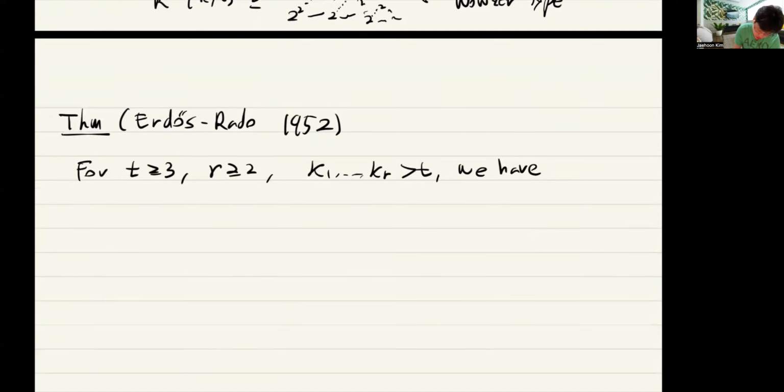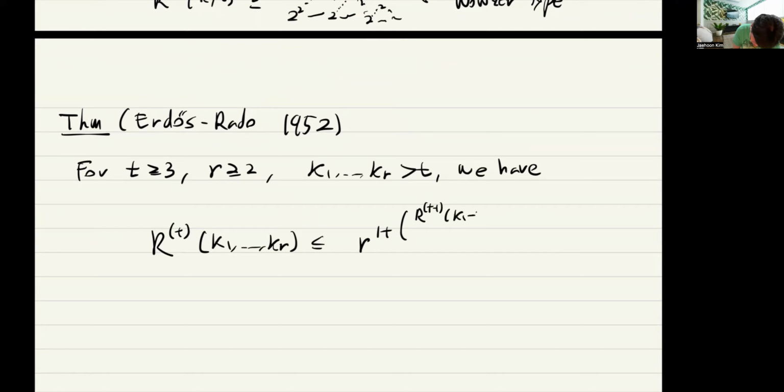These assumptions are natural. The t-uniform Ramsey number is essentially exponential of the one-less-uniform Ramsey number.